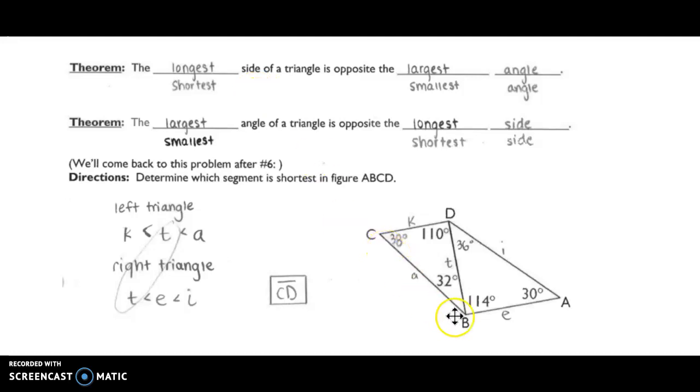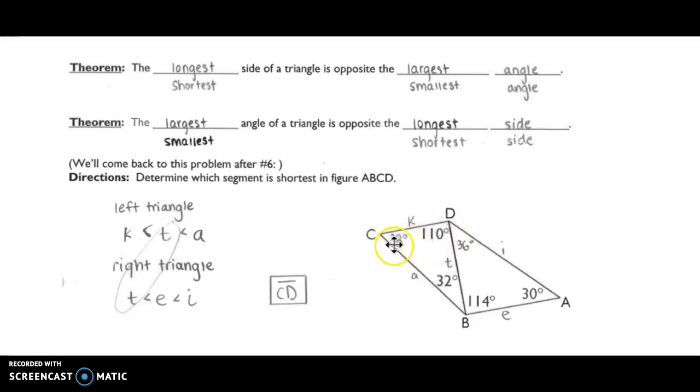So just as a quick example here, I know there are two triangles here, but I'm going to focus on triangle CDB, right? We figured out that angle C is 38, and so clearly 110 is the largest angle. So therefore, this side, CB, is going to be the longest side. 32 is the smallest angle, and so therefore the side opposite it, CD, is going to be the shortest side of the triangle.